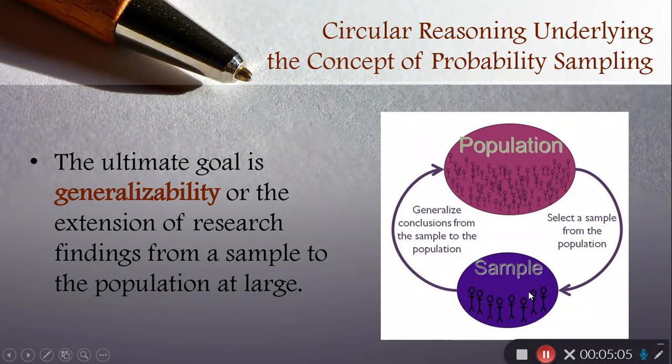And ultimately, if we sample appropriately and we utilize probability sampling methods, then we are able to reasonably and legitimately make generalizations and conclusions that we are able to link back to the larger target population. So again, we generate a sample from the larger population in order to be able to make generalizations about the target population. But again, how we sample matters.